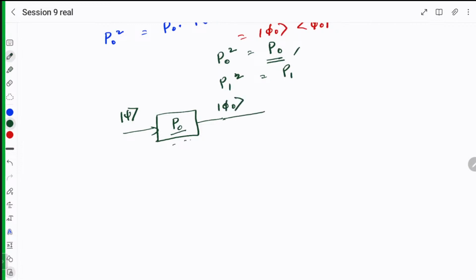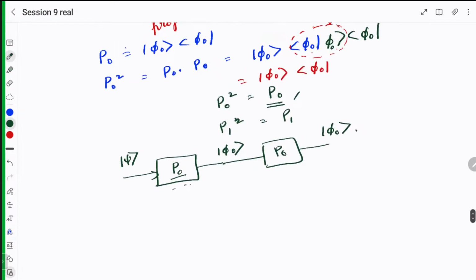If you act P naught on it again, it will not change. So operating P naught once and operating P naught twice are equivalent. That's the physical significance of this property.